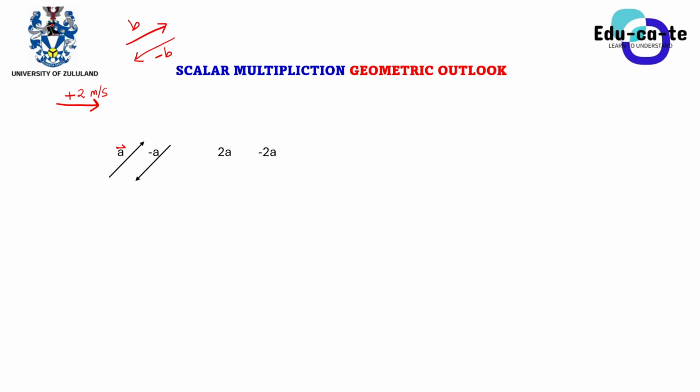To draw a vector that goes opposite to its direction, I just have to multiply by negative, and then the vector will change its direction, and it will be -2 meters per second. But you can see that the magnitude or the size of the arrows is still the same, meaning that the quantity is still the same.